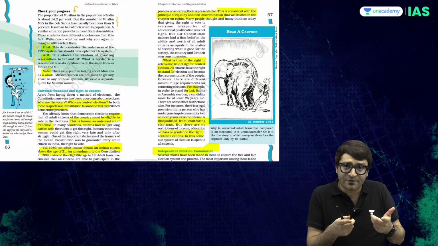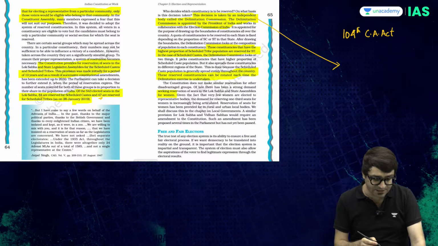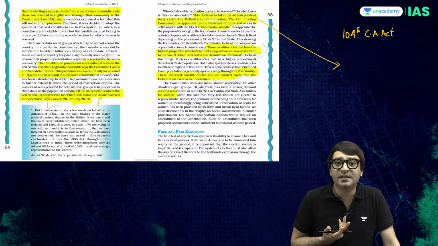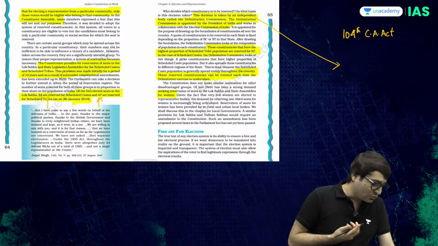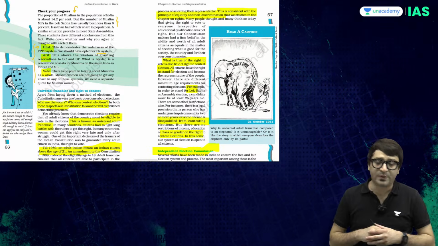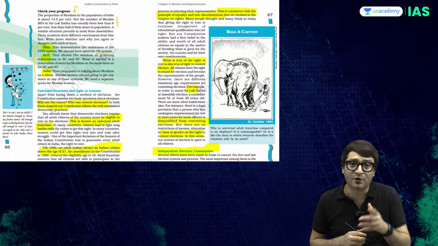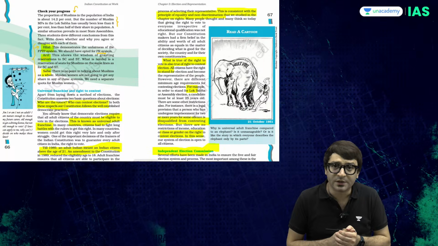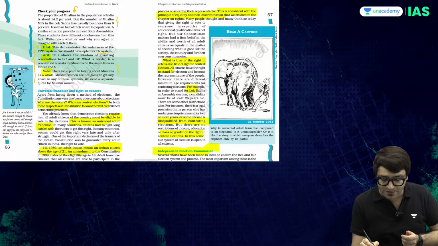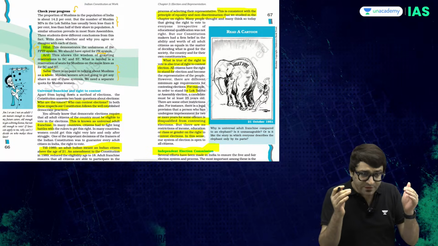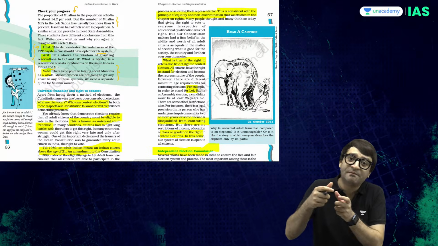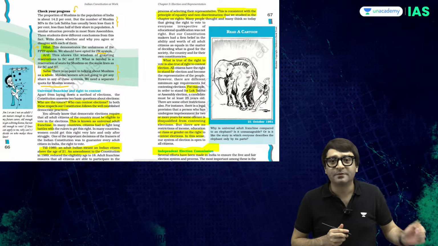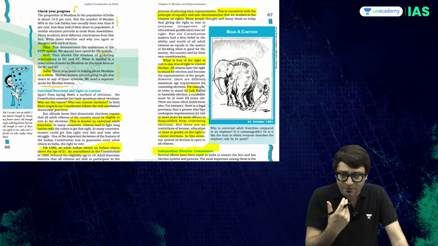Otherwise, if there was no reservation for them, we won't see 84 SCs or 47 STs in the Lok Sabha. So what Arif is saying is that we need reservation of seats for Muslims along the lines of SCs and STs. Sabha is a woman. She says there is no point talking about Muslims as a whole, because even if Muslims get reservation, Muslim women will not get representation. So we need it for Muslim women. This is the conversation that they are having.